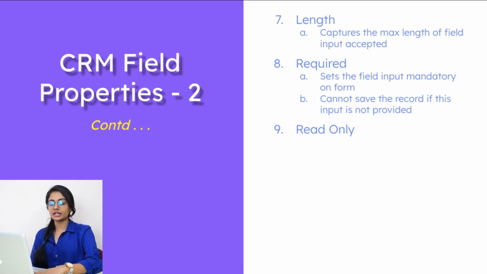Next property we have is read-only. Read-only is typically used for calculated fields. It means if you have any information in CRM which is generated after some calculation or after being set, and I want all the users of my CRM to see that information but not update it, then I have to make that information read-only.